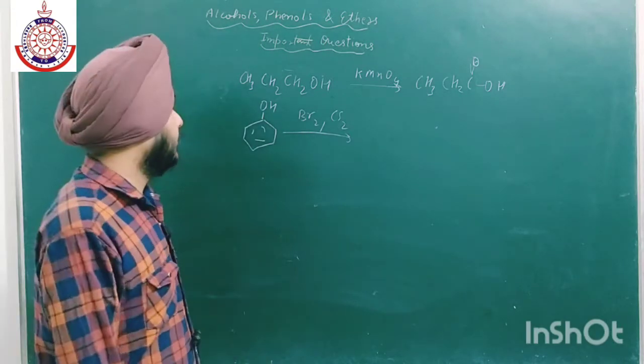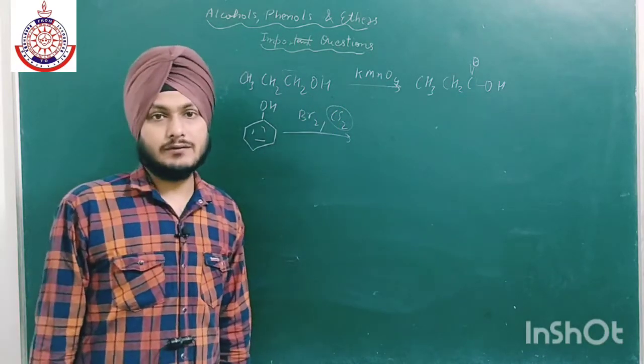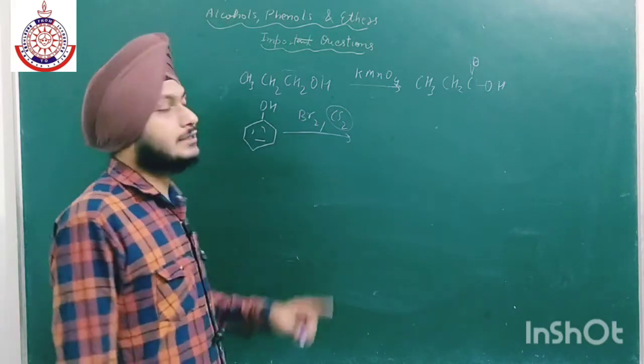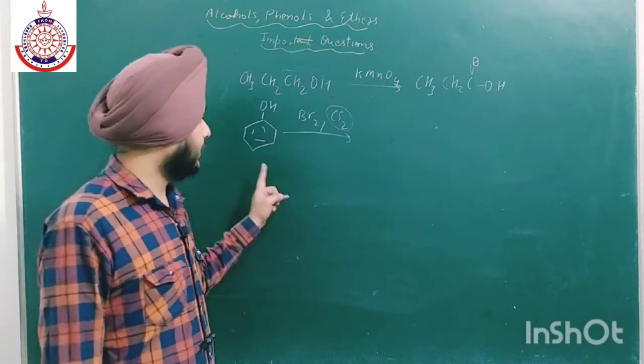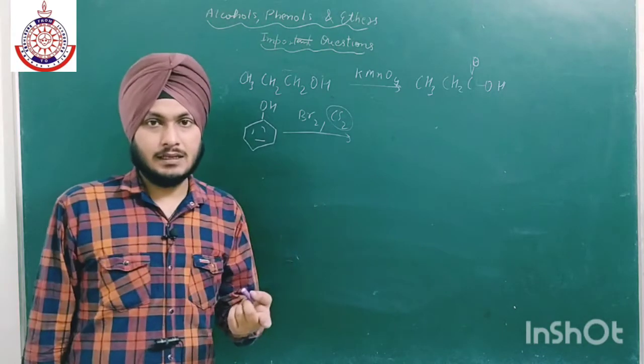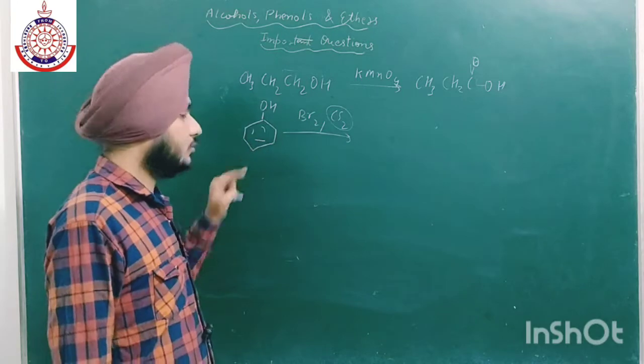Firstly you have to see that this is a non-polar solvent, and in a non-polar solvent ionization will not take place, and the formation of phenoxide ion will not take place, and that is why it will not be favorable for the phenol to attach bromine at all the ortho and para positions.